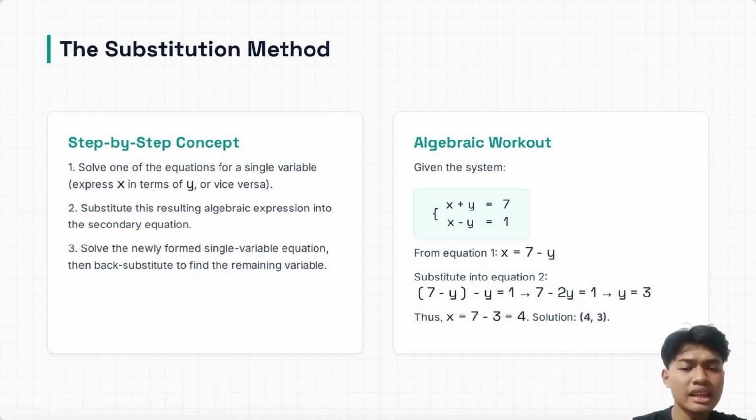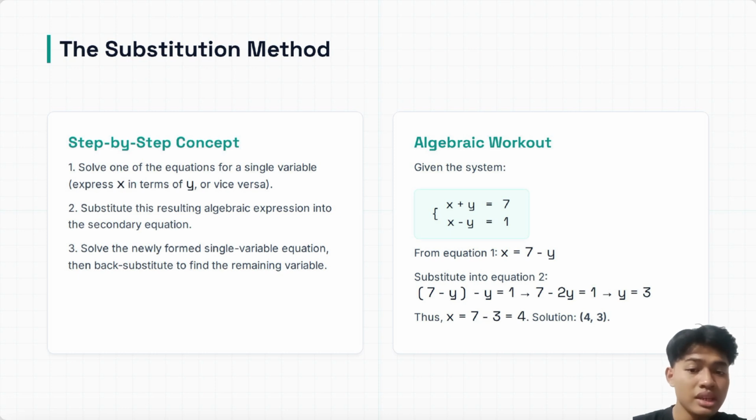Let's look at an example. Consider the system. For example, we have the system like that. From the first equation, x = 7 - y. Substitute this into the second equation. We get 7 - y = 1.